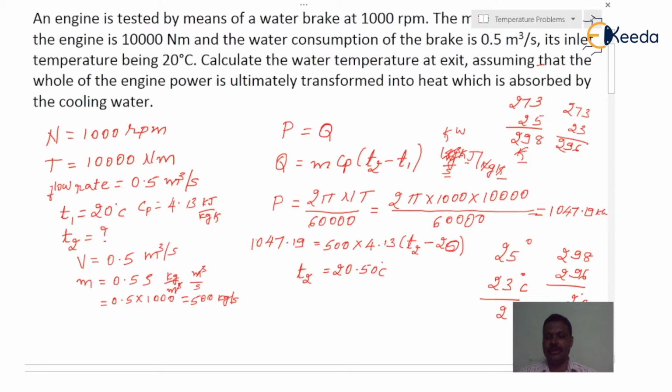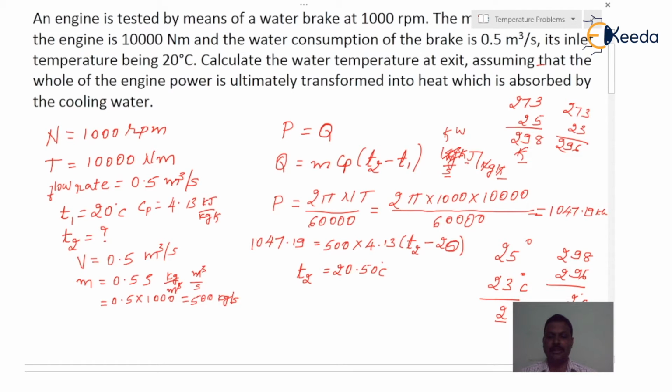Their difference either in degree Celsius or in Kelvin will be the same. The temperature we have taken is in degree Celsius, so the inlet temperature and exit temperature are also in degree Celsius.